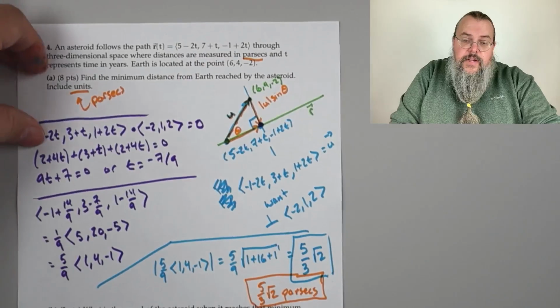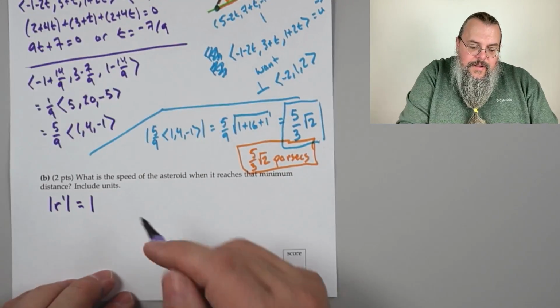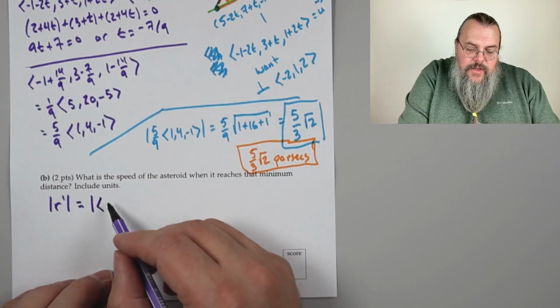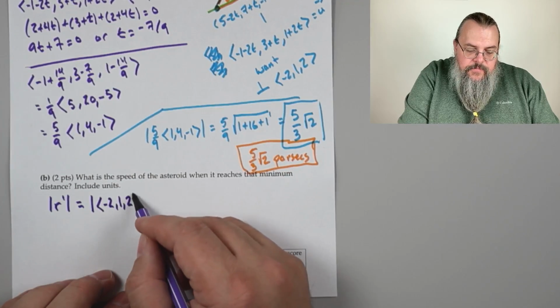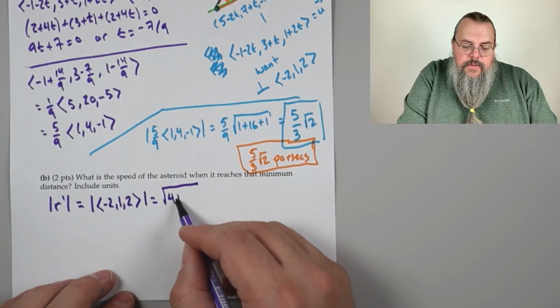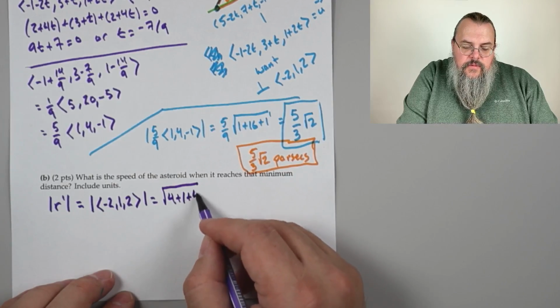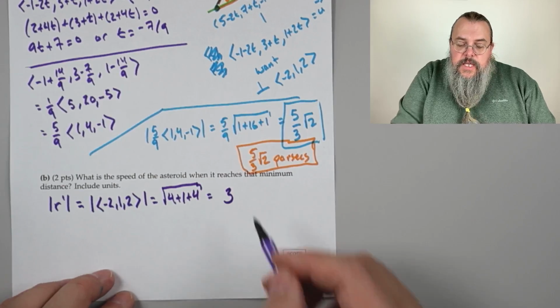Like, what? That's easy. It is. So we're taking the magnitude of (-2, 1, 2). That's the square root of 4 plus 1 plus 4, which is square root of 9, which is 3.